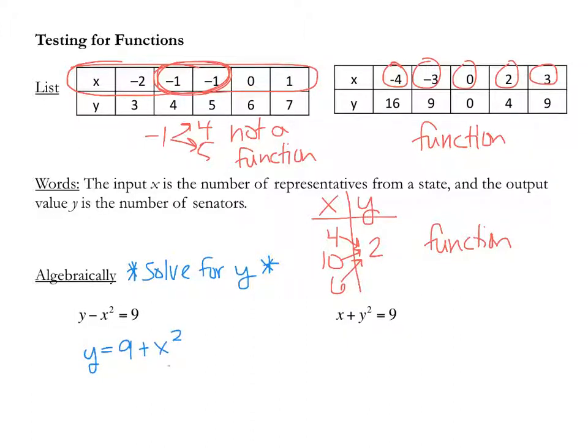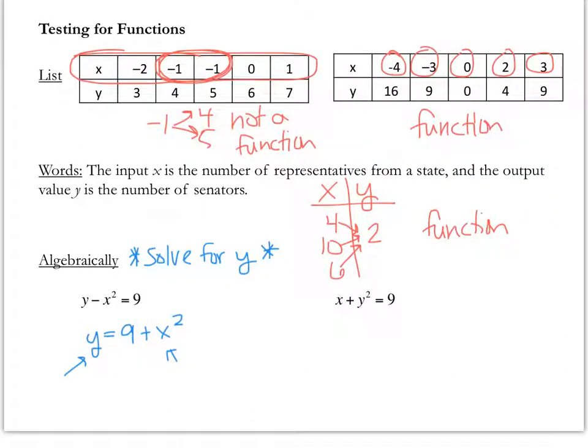And then you want to think, if we plug one thing in for x, how many things are we going to get out for y? So for one input, how many answers are we going to get? Well, if I plugged in 1, I'm only going to get one answer. If I plugged in 1,000, I'm only going to get one answer. If I plugged in -20, I'm only going to get one answer. So since one input gives one output, this is a function.